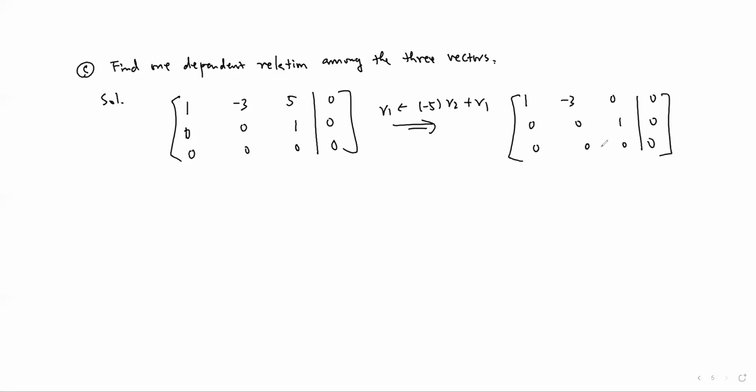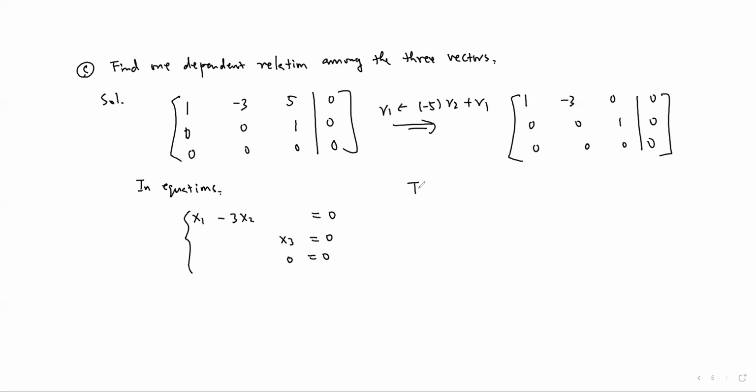To find the general solution, rewrite this augmented matrix in equations. First row: x1 minus 3 x2, plus 0 times x3 is equal to 0. Second row: x3 is 0. And then the third row: 0 is 0.